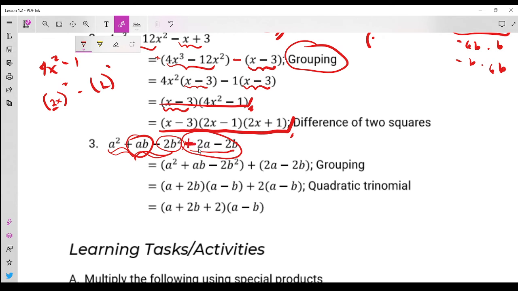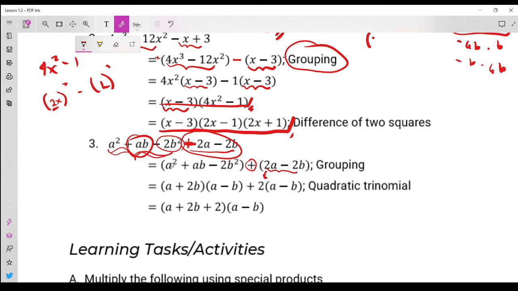This one should be positive, so you have plus 2a minus 2b. It doesn't matter, class, because our sign here is positive, so our enclosed term should have the same signs as the original terms. In the next step, we just factor out 2, so you have here 2 times a minus b.